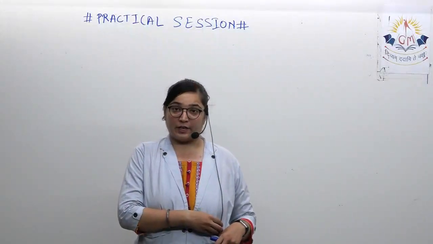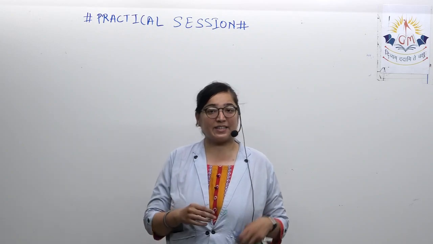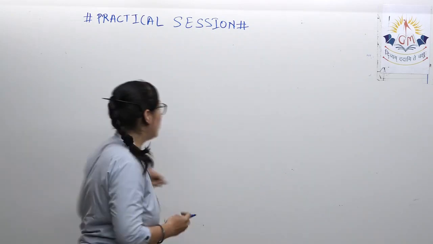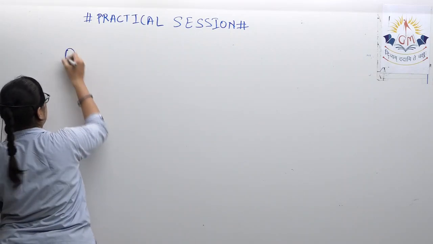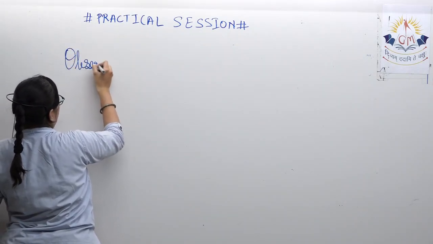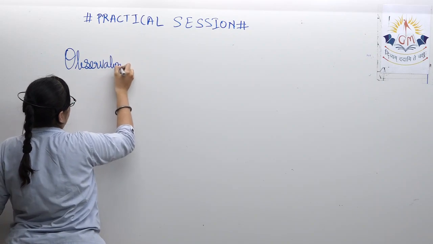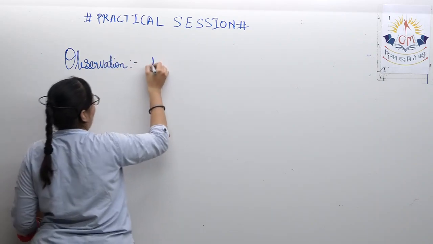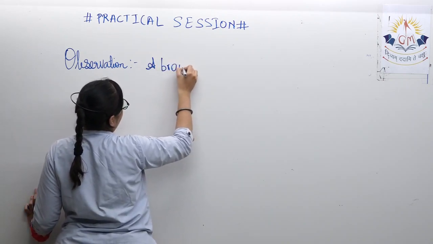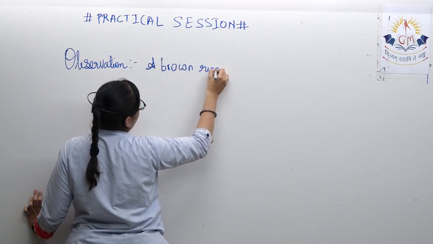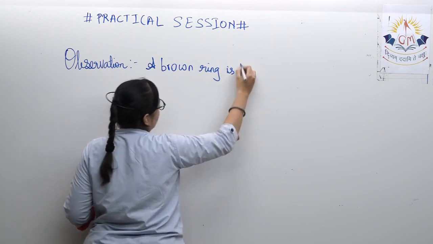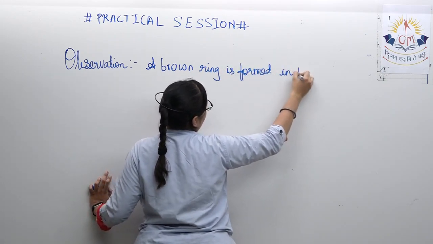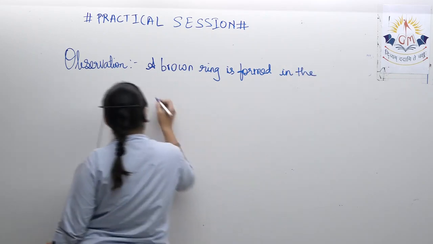After observing the practical, what did you observe? So, the observation is a brown ring is formed in the test tube.